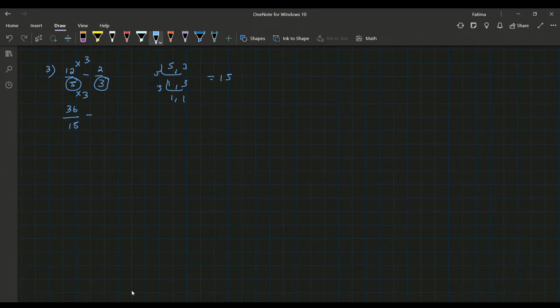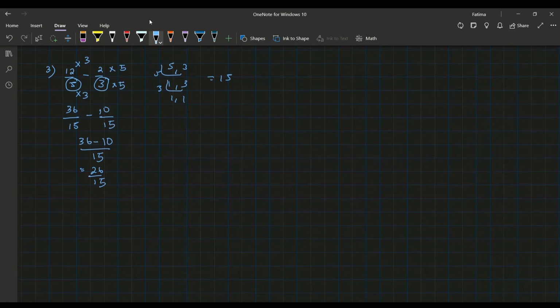So 3 into 5 will give me 15. So if I multiply the denominator by 5, I also have to multiply the numerator with 5. 2 into 5 is 10, 3 into 5 is 15. Now I can write these together. It's 36 minus 10 upon 15. So that's 26 by 15.